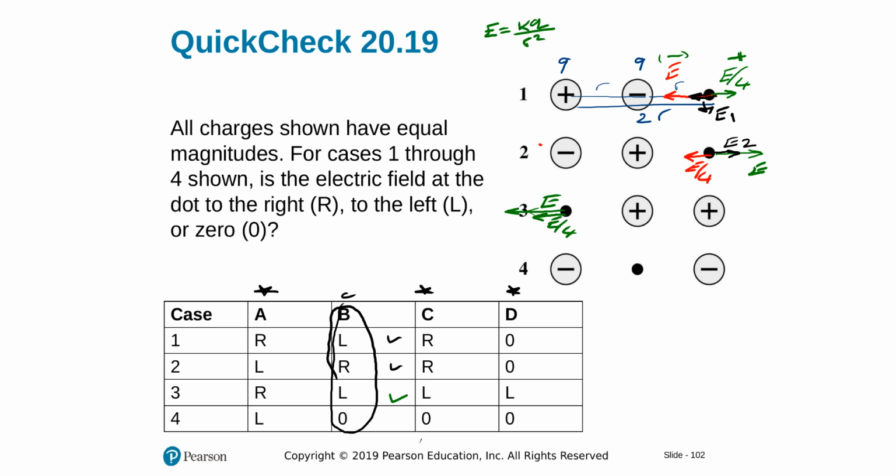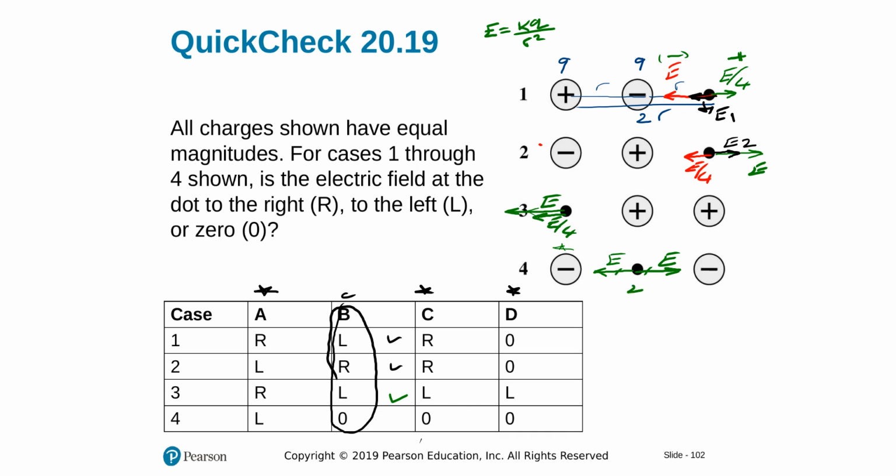And the last one, I have a negative charge on the left that will have an electric field E towards itself. And the one on the right will have electric field E towards itself. They both are the same charges, same distance away. So these E values are the same, they cancel.